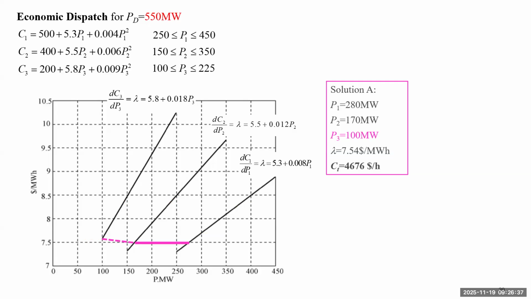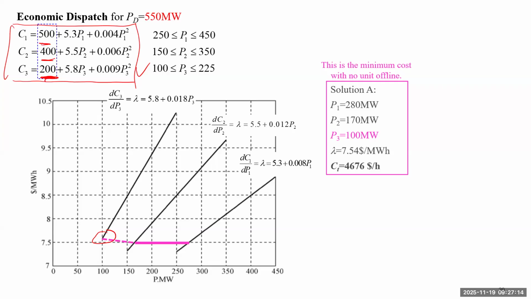But if you take a look at this solution, unit number 3 operates at the lowest limit, which is a very expensive generator. If you take a look at the meaning of the fuel cost, it says the cost cannot be 0 because there's a constant number.